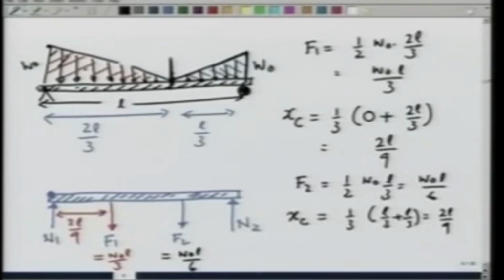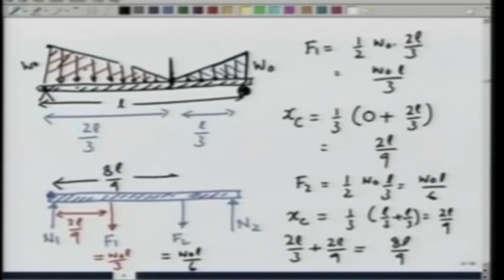So, the distance from the corner is going to be 2L by 3 plus 2L by 9, which is nothing but 8L by 9. So, the force here acts at 8L by 9. We are now ready to solve the problem.